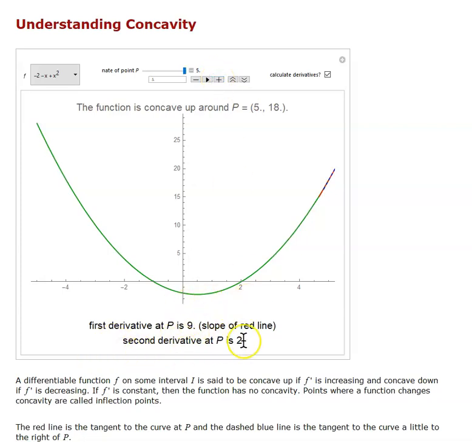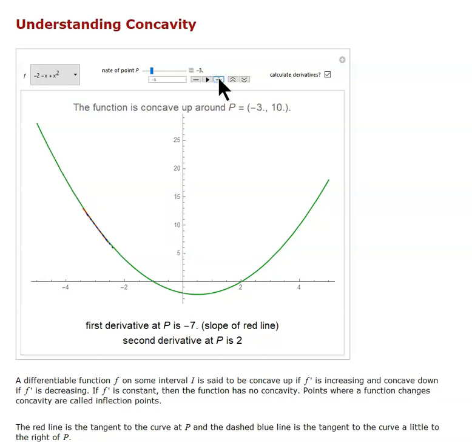Now, I don't know that you paid attention to the second line about the second derivative. So let's go through that one more time. And this time, let's attend to the second derivative of our function. The second derivative at p is 2 at -4.